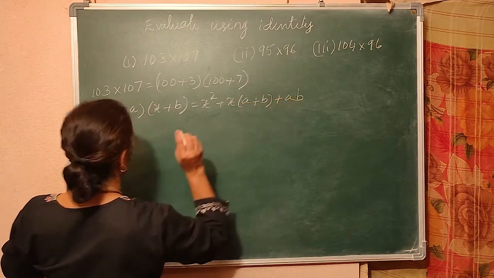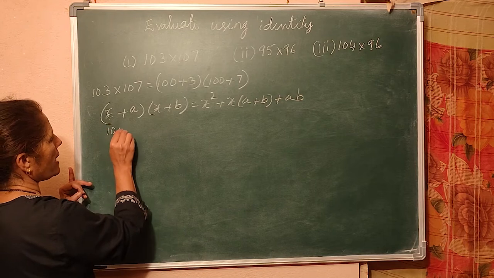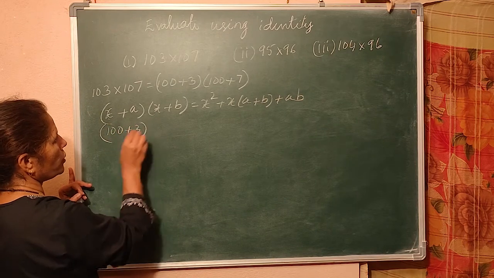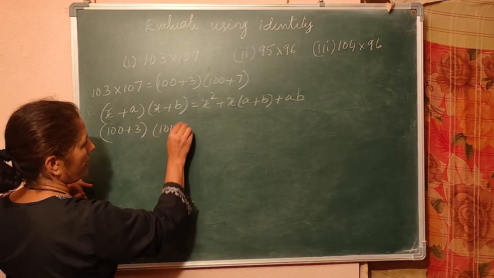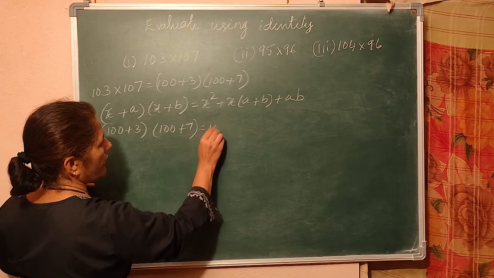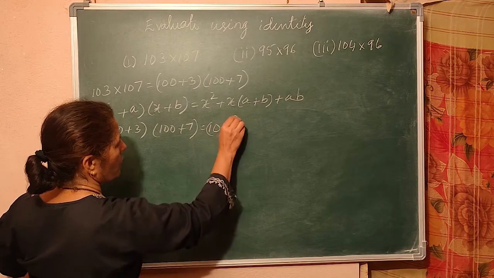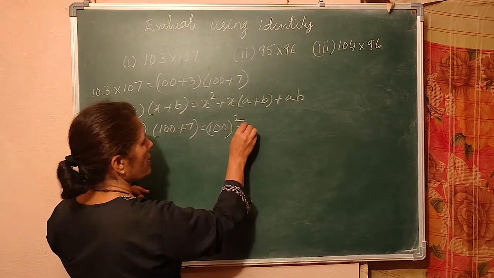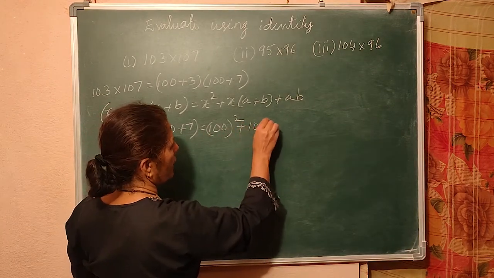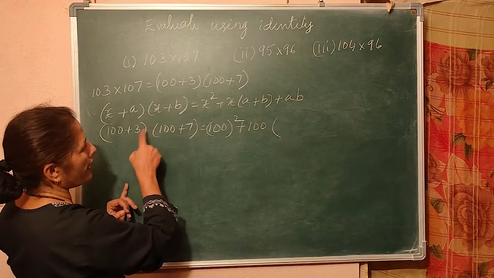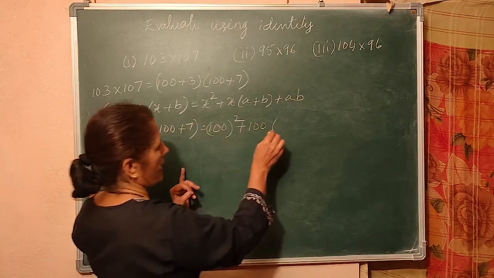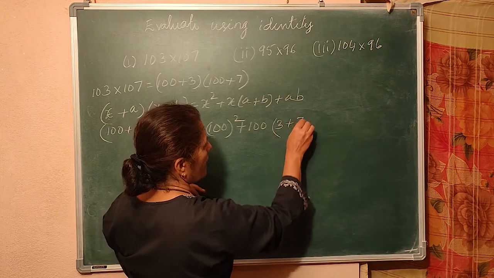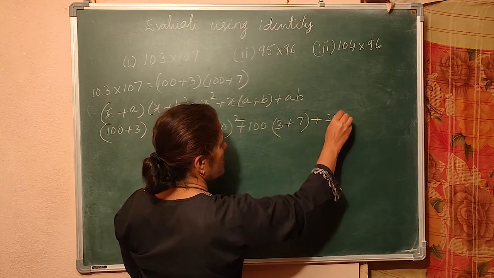Am I right? So I can write (100 + 3)(100 + 7) is equal to 100 square. In the place of x, 100 is there. 100 square plus 100 into, in the place of a, 3, and in the place of b, 7, so 3 plus 7, plus 3 into 7.